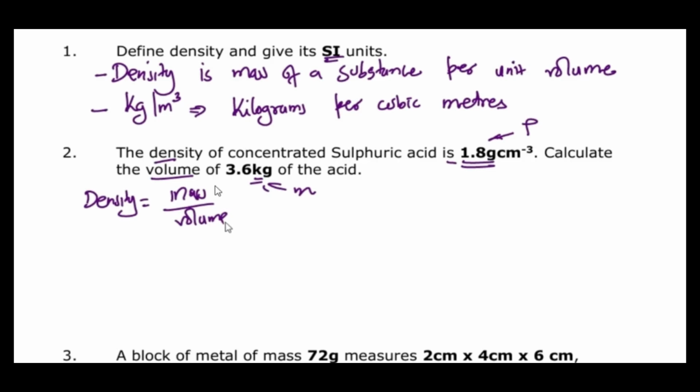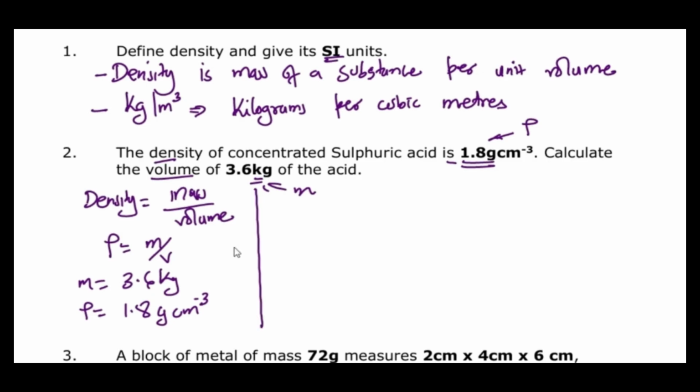Then we substitute. We know that mass is 3.6 kg, and density is 1.8 grams per cubic centimeter.